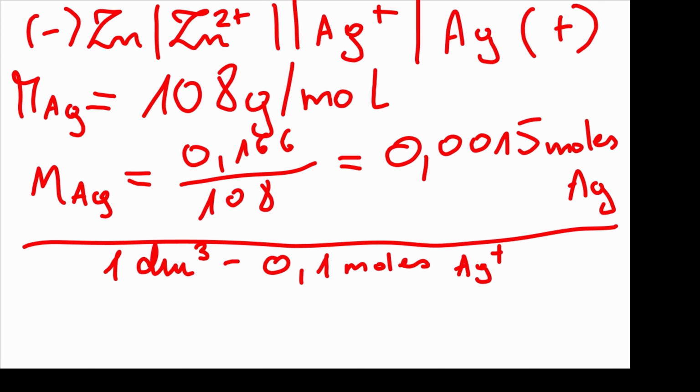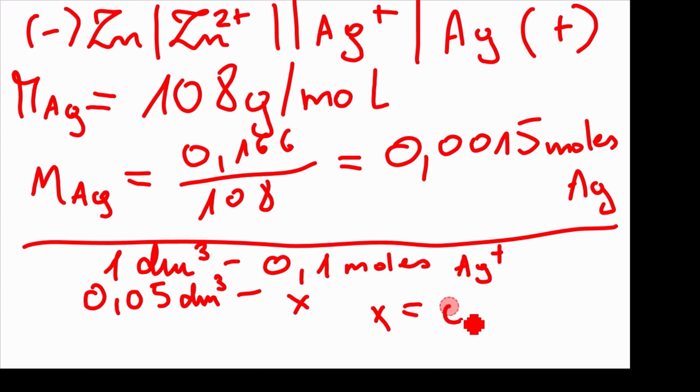However, we do not have 1 cubic decimeter, because we had information that these metallic bars were immersed in the electrolyte solution with a volume of 50 cubic centimeters, which means 0.05 cubic decimeters. In it we have an unknown number of moles. So X is equal to 0.005 moles.